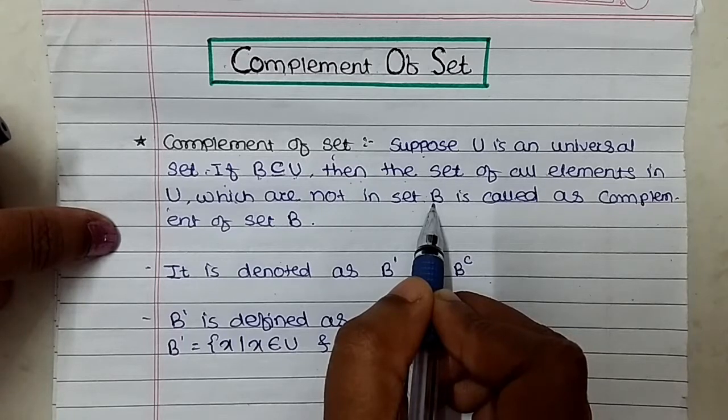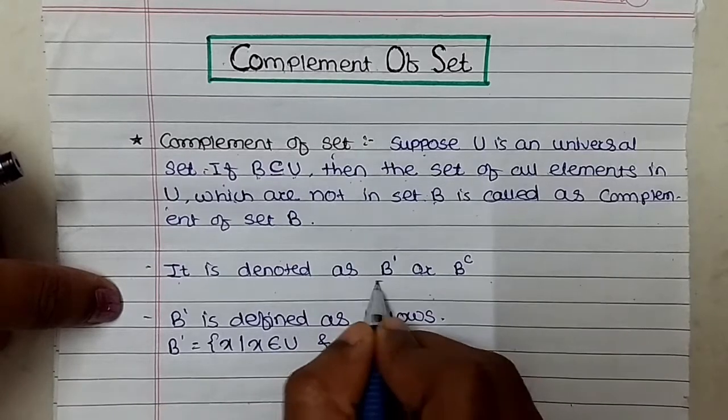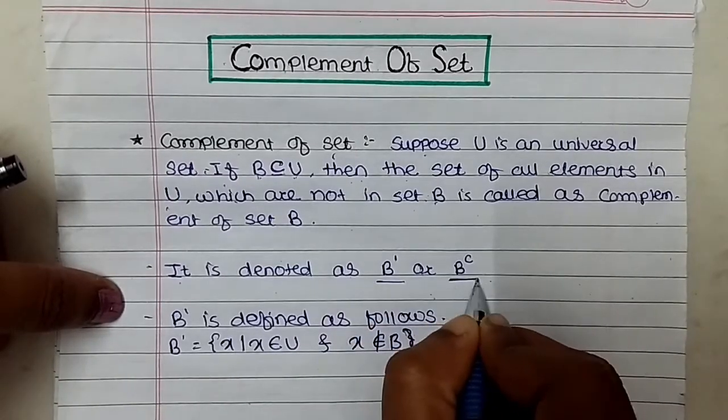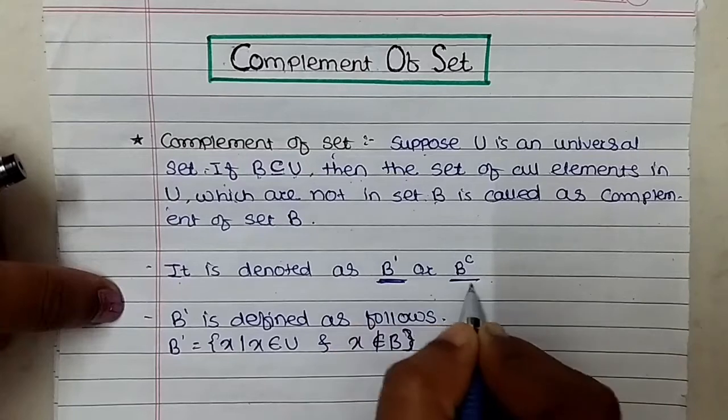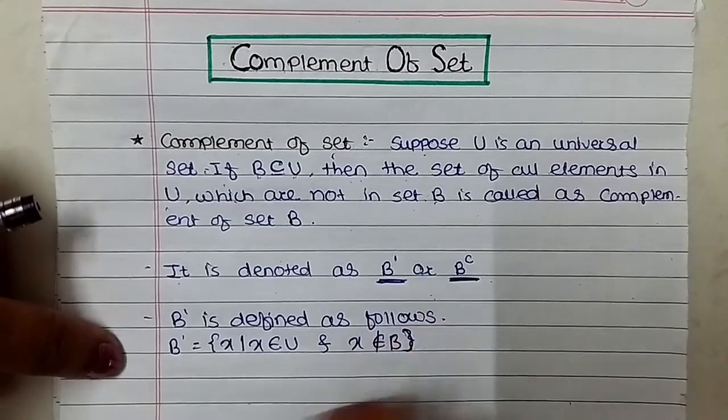Clear? It is denoted by B dash or B raised to C. This is the notation of the complement of a set.